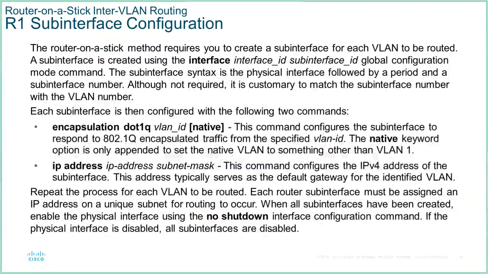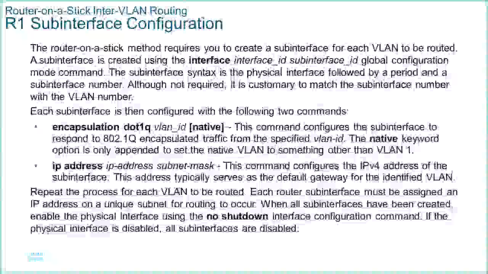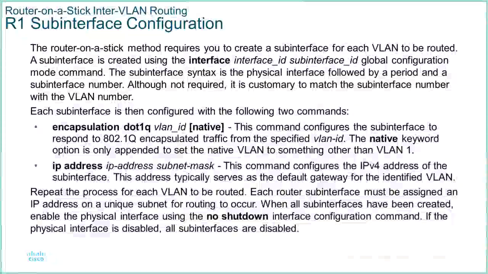So this requires us to have an interface, the interface ID, followed by the sub-interface ID in the global config. Okay, so how is that represented? Well, it's a dot. So after you have the physical interface ID, you put a dot, and that's followed by the sub-interface identifier.